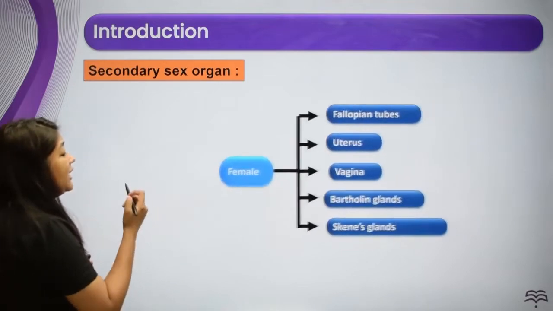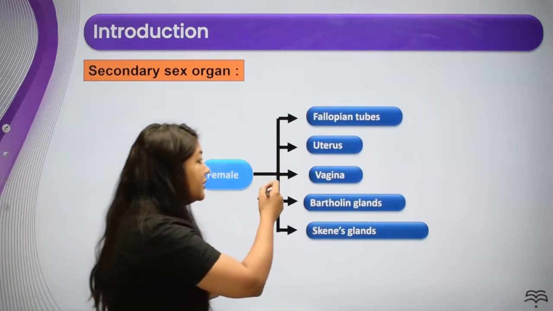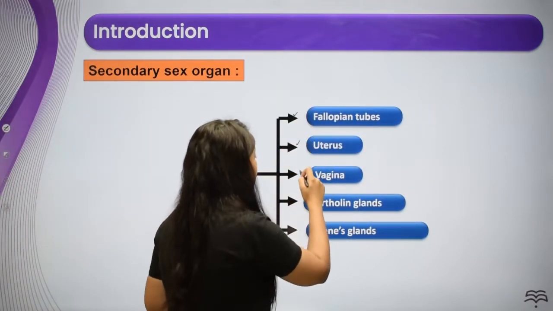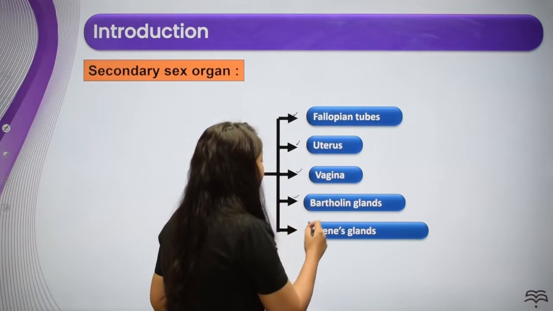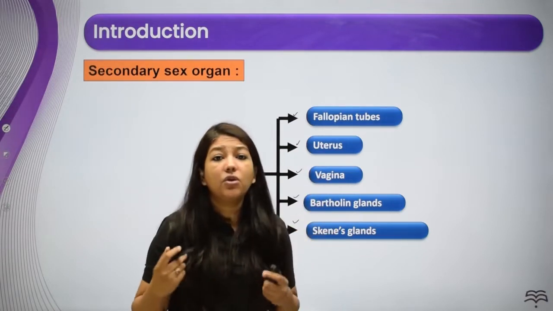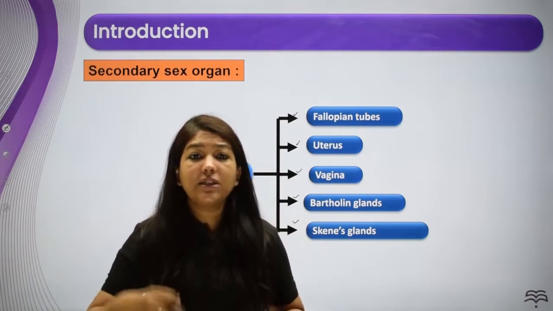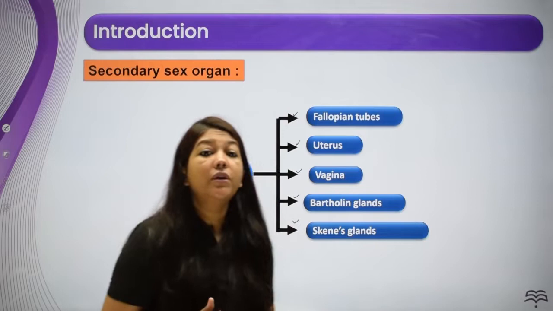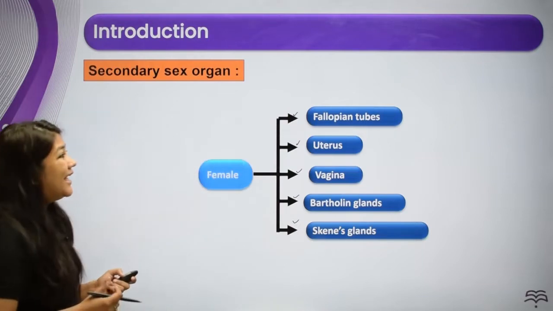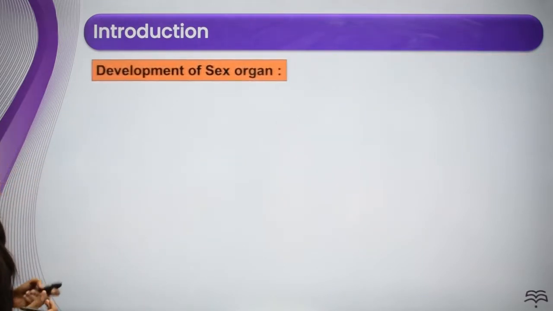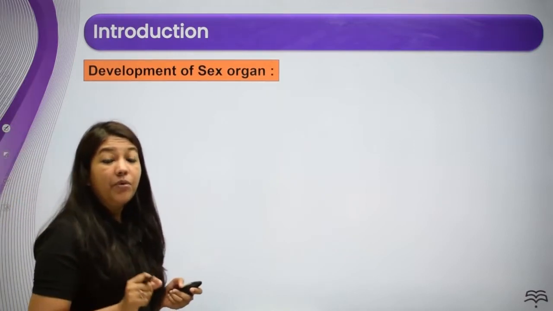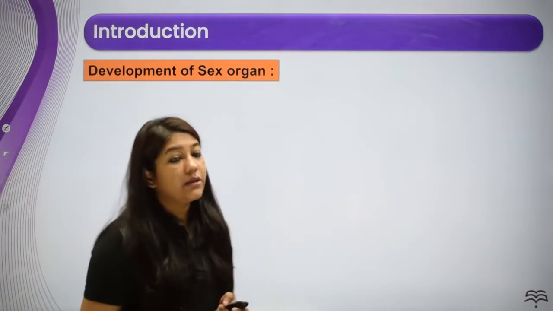Now, similarly, in case of females also, the fallopian tubes, the uterus, the vagina, the Bartholin glands, the Skene's gland, these are all again secondary sex organs which are providing a passage, which are helping in the union of the male and the female gamete.